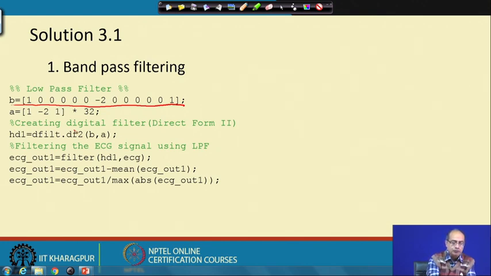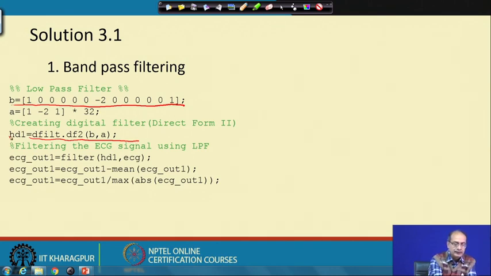Once we have a and b, the numerator polynomial and the denominator polynomial, we can create the filter. Here we have chosen the direct form 2 filter structure. That is the command, dfilt.df2 b comma a, which provides us the filter in direct form 2.